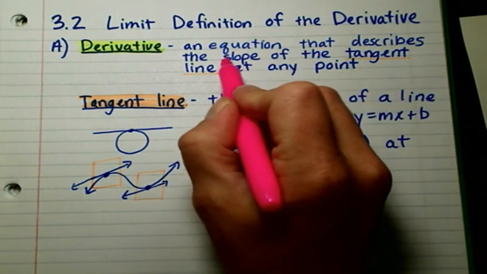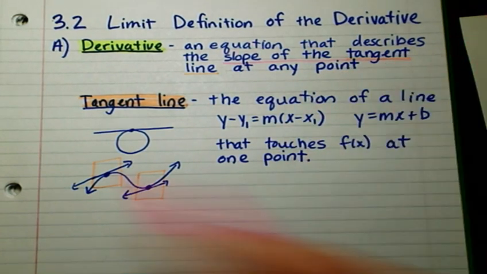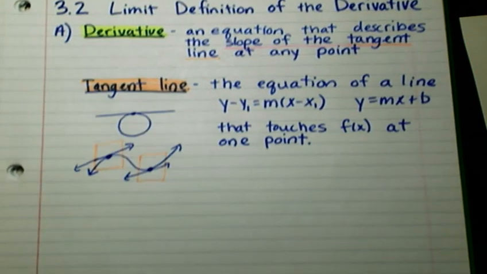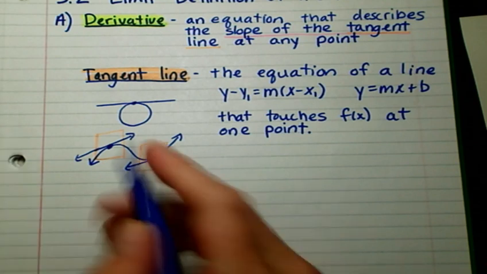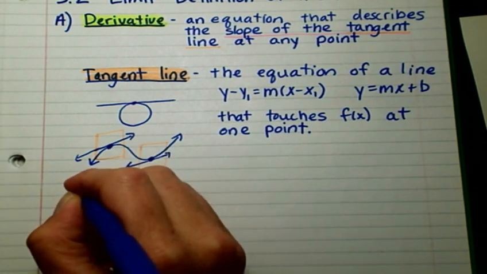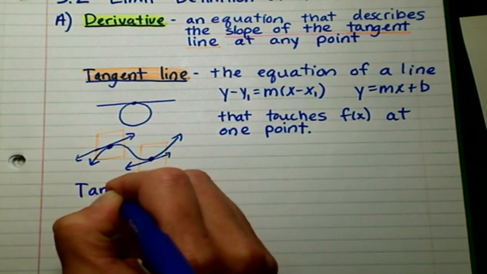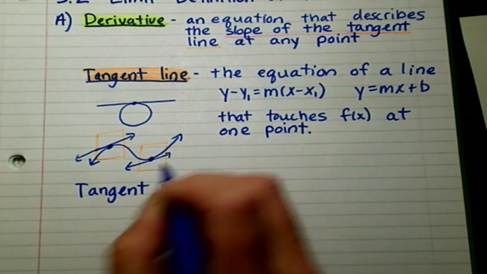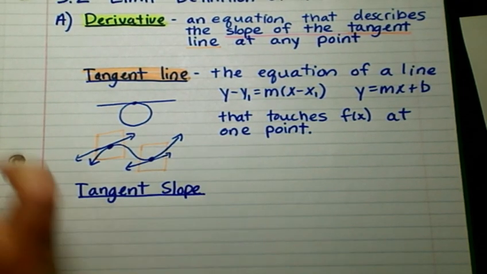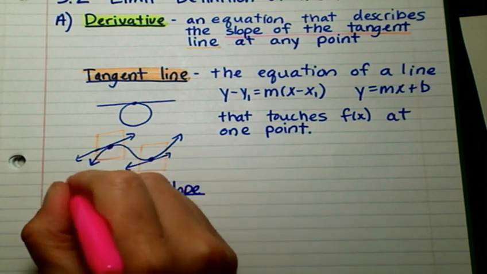Okay, now up here we had slope of the tangent line. So that's what we're going to do next. Okay, tangent slope. I'm just going to make this one pink.